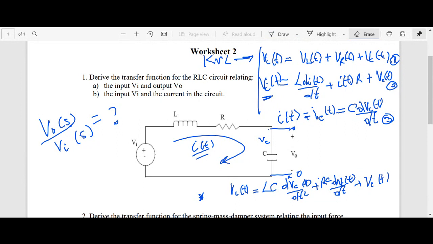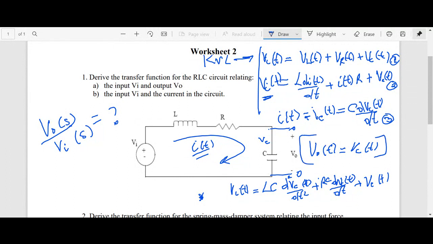So now, how many variables do we have? And do we have the appropriate variables in the expression based on what we want to satisfy? Two variables need to be there, VI and VO. Do we satisfy that now? All right, since you're not following, VO of t is equal to VC of t. We already established that. Somebody pointed that out earlier.